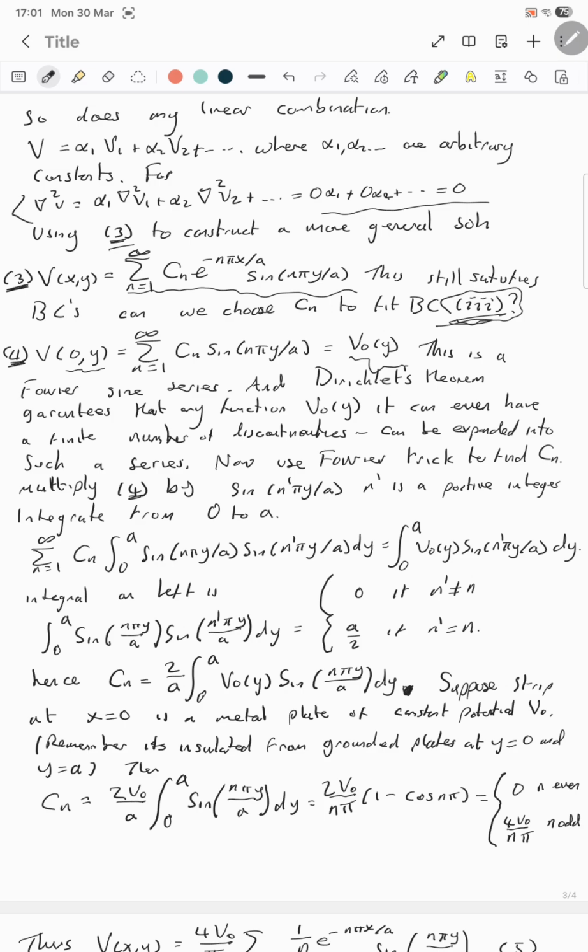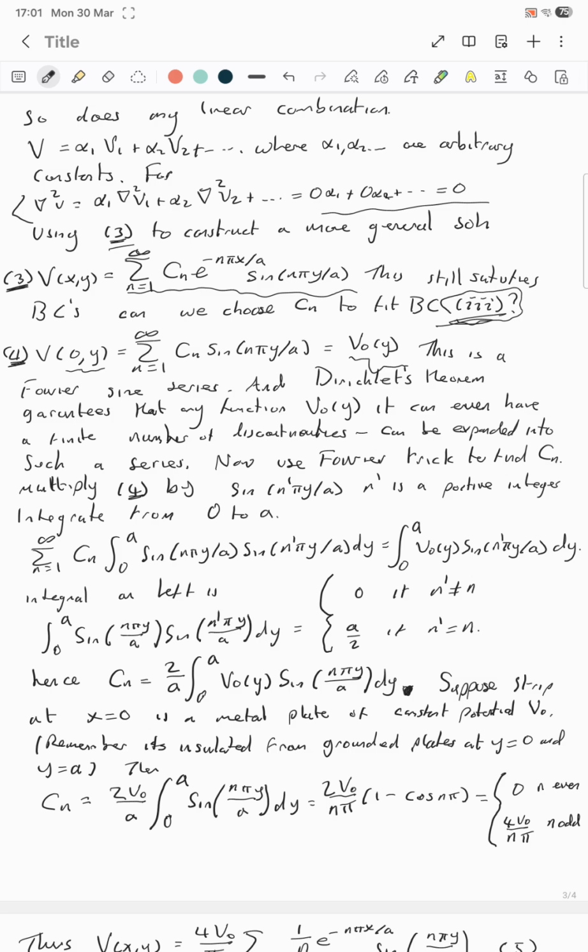This is a Fourier sine series, and Dirichlet's theorem guarantees that any function V naught of y, even one with a finite number of discontinuities, can be expanded into such a series. Now we use Fourier's trick to find C of n.